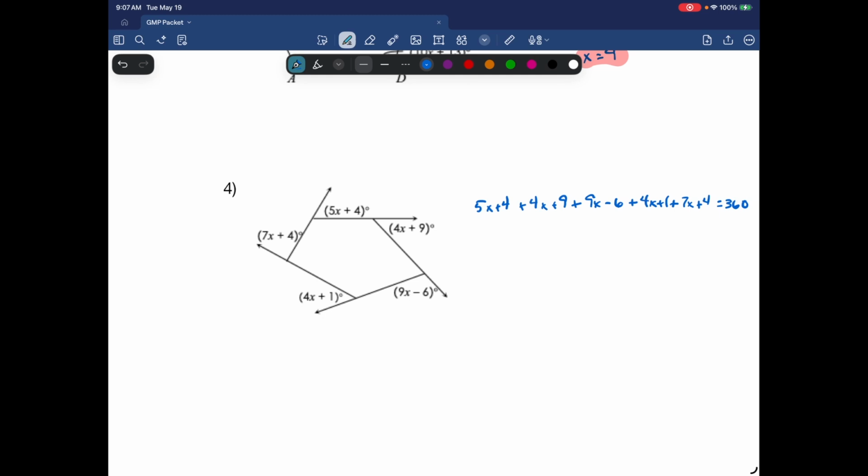You combine like terms, you get 29x plus 12 equals 360. So 29x equals 348. Divide by 29, you get x equals 12.